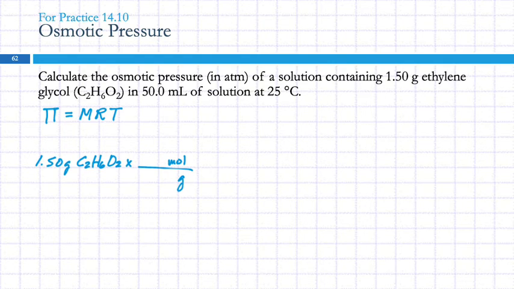So 2 times 12.01 plus 6 times 1.008 plus 2 times 16 gives 62.068. That gives 0.024167 moles.